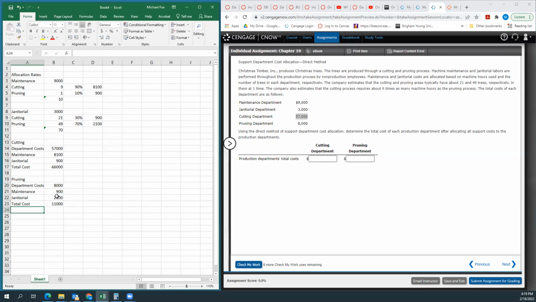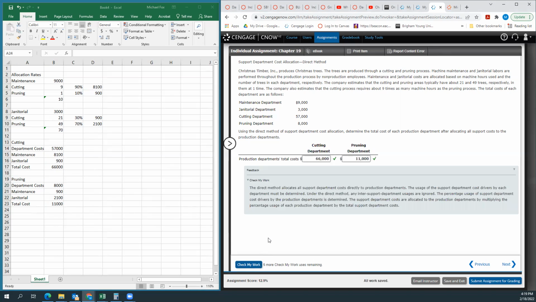That should be it. So our production departments' total cost: the cutting department will be 66,000, and the pruning department will be 11,000. Double check. Looks like we're good. And hopefully that helps.